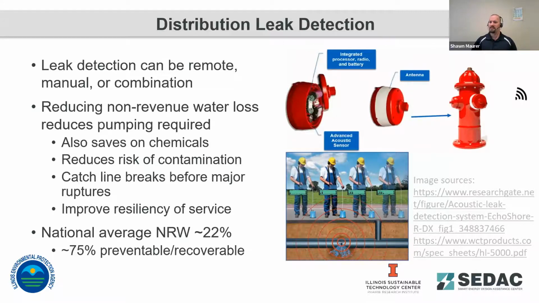So implementing leak detection, either as a line item in a city's budget to do periodic leak detection with handheld sensors, or implementing sensors, like what we're showing on screen here, that can be tied into fire hydrants and test for leaks between each fire hydrant.